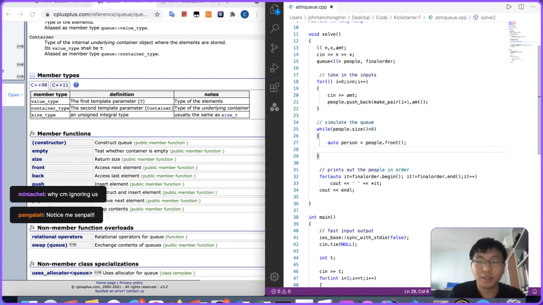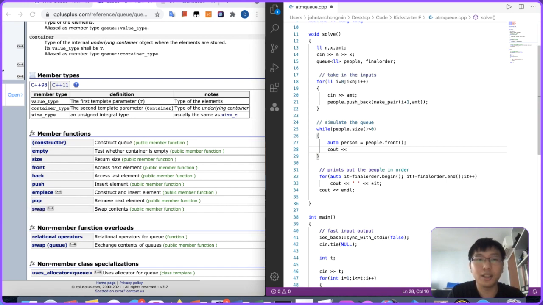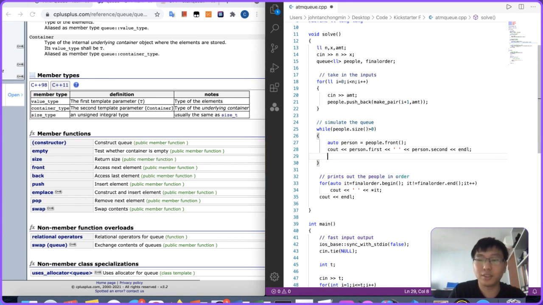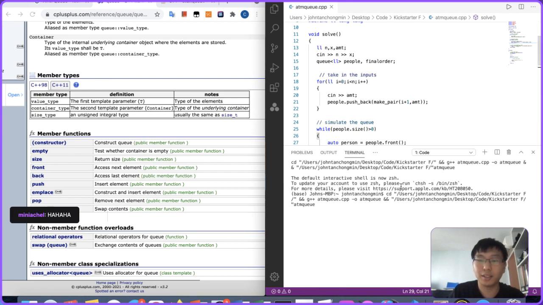So let's check whether it is taking the people out in the right order. We just print out person dot first, person dot second. This is just to check. I just want to make sure that I got it right. Then after that, people dot pop. So if this is done correctly, it should print out one by one.